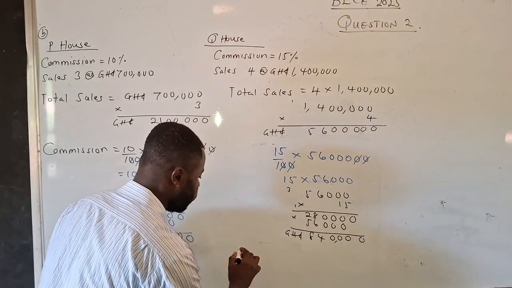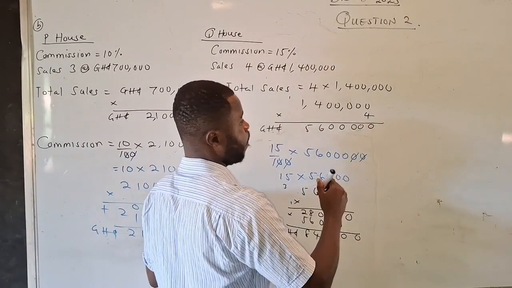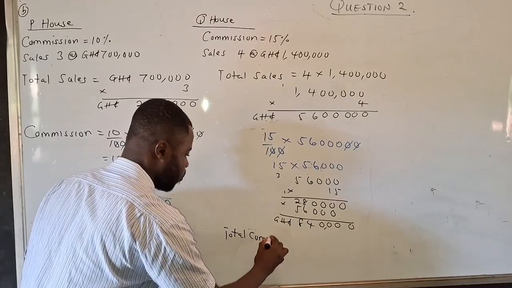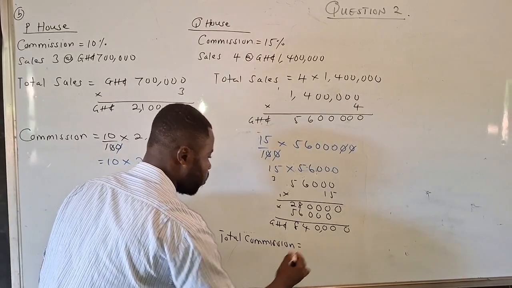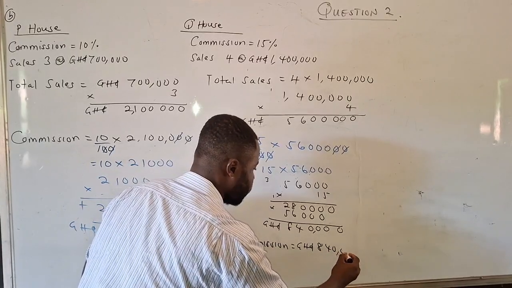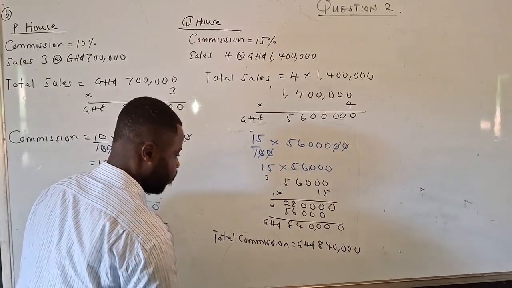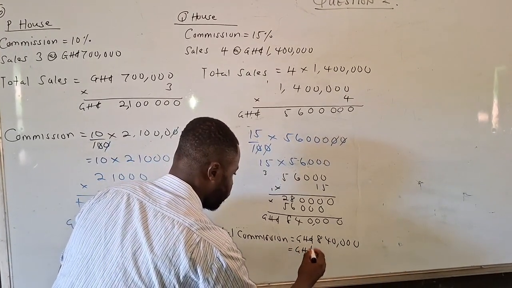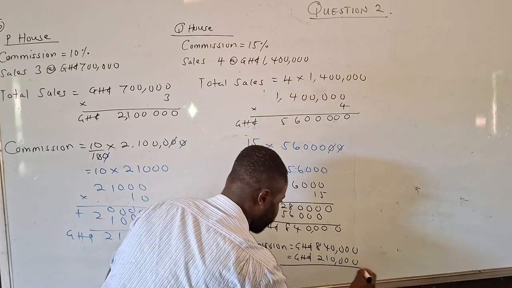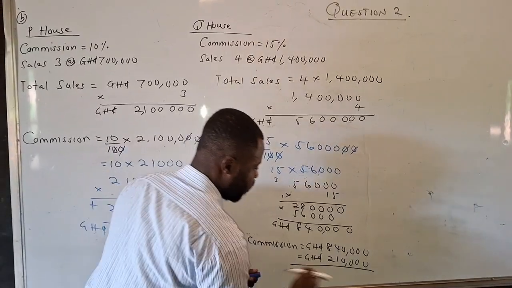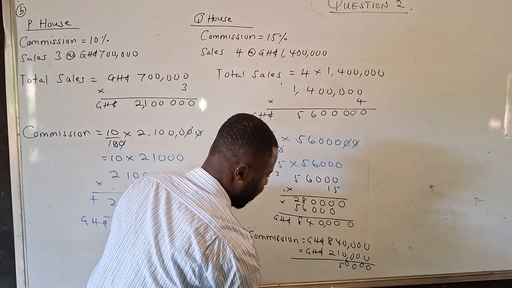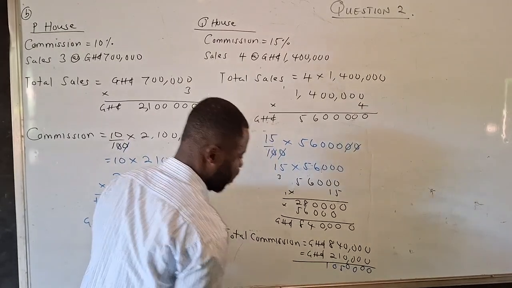So the total commission is going to be 840,000 plus 210,000. In adding, 0, 0, 0, 0, 5, 0, 1.